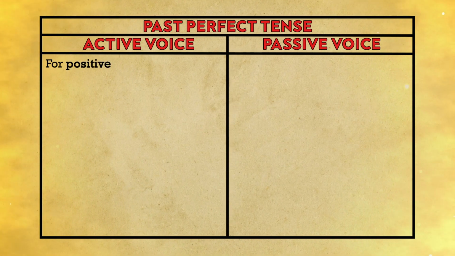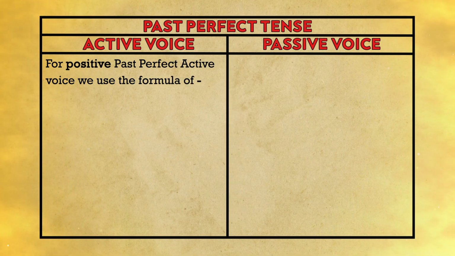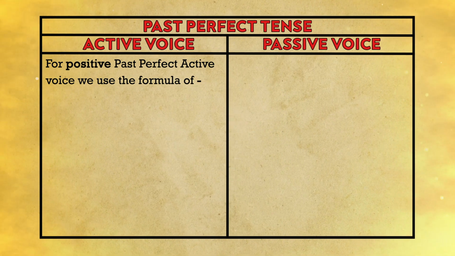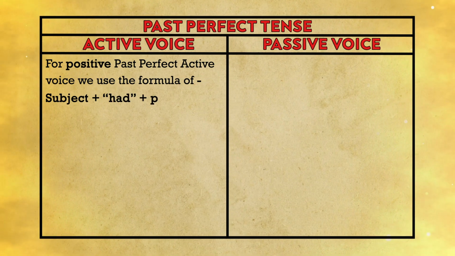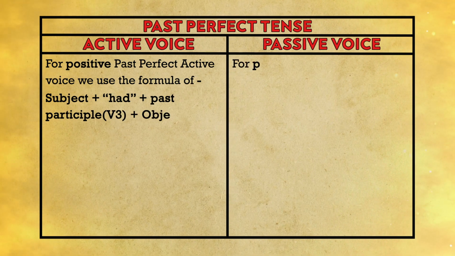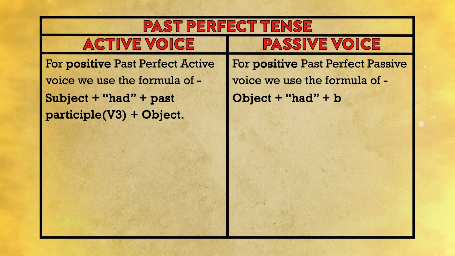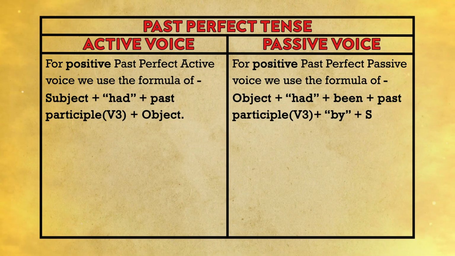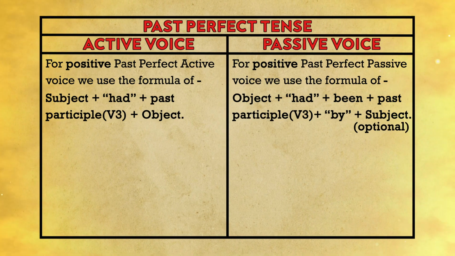For changing past perfect positive sentences into the passive, the structure formula is subject plus had plus past participle, that is third form of the verb, plus object. When we change it, it is object plus had plus been plus past participle, that is third form of the verb, plus by plus subject.